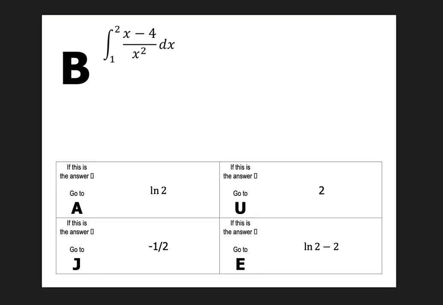A lot of times, if you have things added or subtracted, you can have a bunch of things over a monomial. You can split it up and then just integrate each one separately. So that's what we'll do with this one.